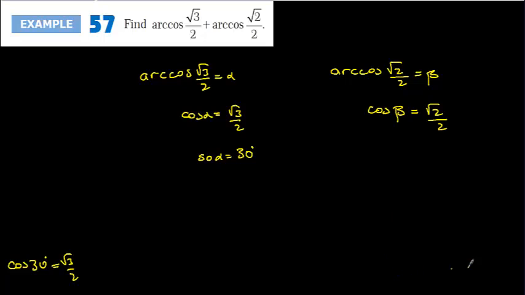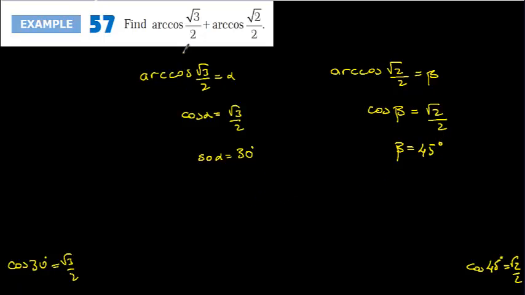So we know that cosine 45 is equal to root 2 over 2. Then here beta is going to be equal to 45 degrees.